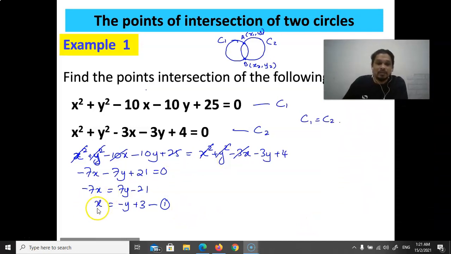Now this x, negative y plus 3, we may substitute into equation 1 or equation 2. It's all up to you because we're going to find the value of y.